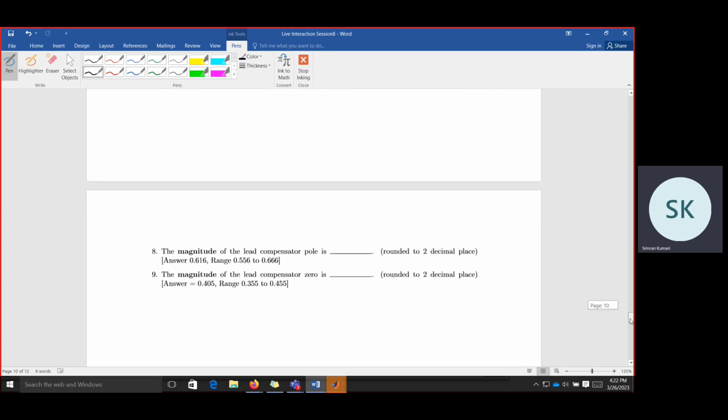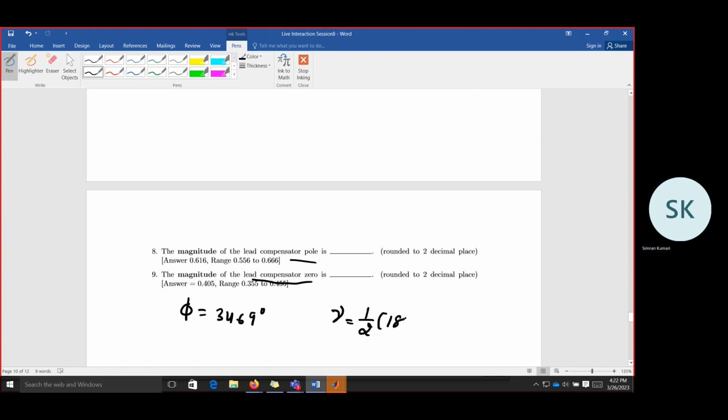The magnitude of the lead compensator pole and the magnitude of the lead compensator zero have to be found out. So we know phi, which is 34.69 degrees. What we have to do is use gamma, which is the degree of freedom. We will have gamma equal to 180 minus theta minus phi.